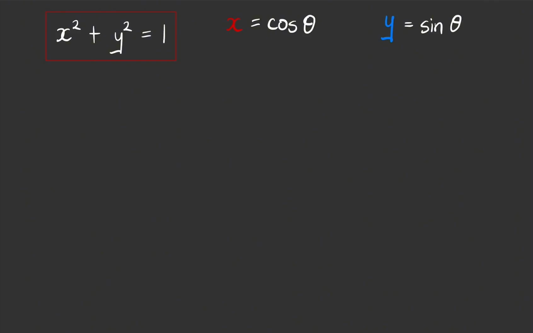Having established relationships for x and y, we can now substitute those relationships into the equation of the unit circle. So we can now say cosine theta squared plus sine theta squared equals 1.